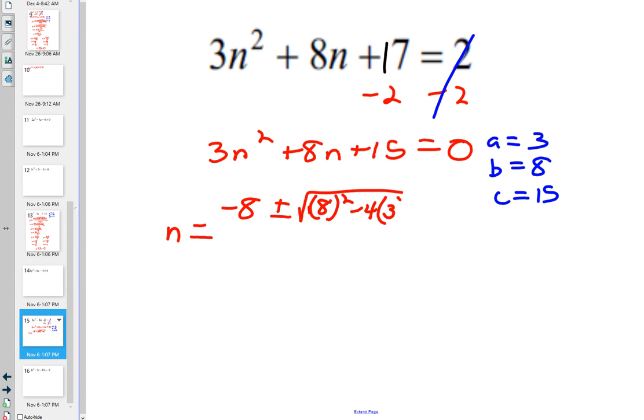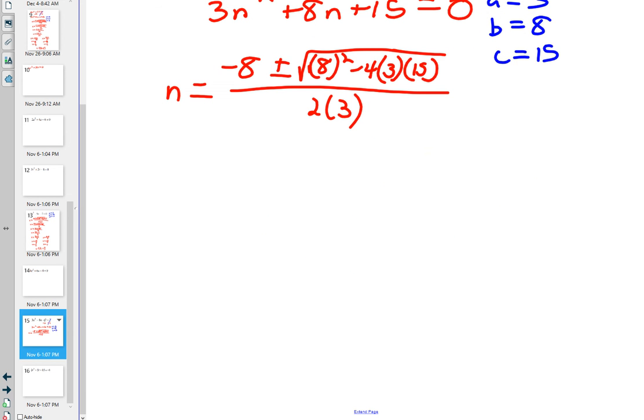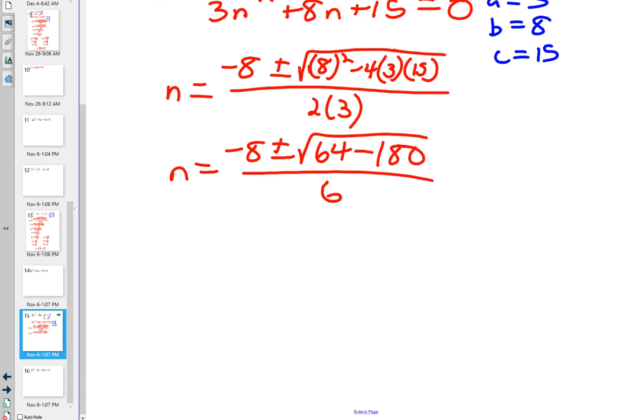Minus 4AC over... n is equal to negative 8 plus or minus square root of 64 minus... over 6.